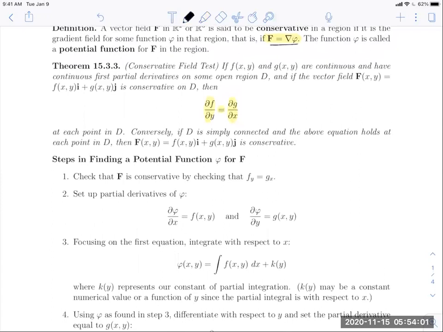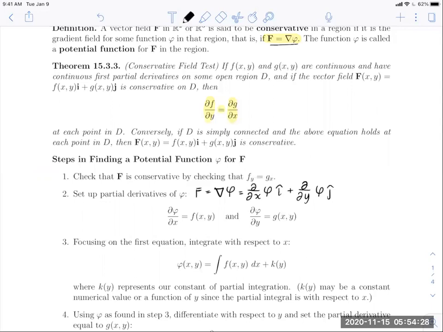Let me rewrite that equation. F is the gradient of phi. Well, what that means is that the partial with respect to x of phi is in the i hat component, and the partial with respect to y of phi is in the j hat component.